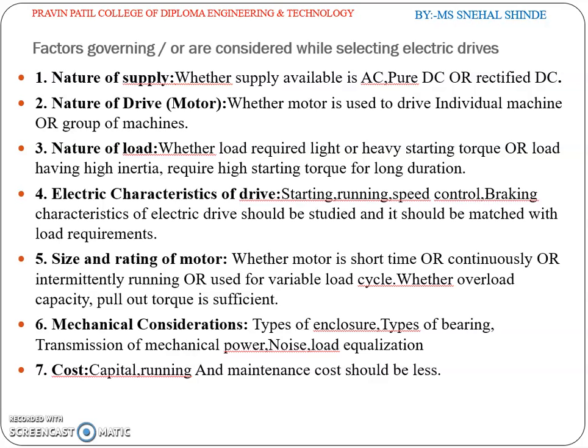Mechanical considerations: types of enclosures, type of bearings, transmission of mechanical power, noise, load equalization. And the seventh factor is the cost, that is capital, running and maintenance cost should be less.